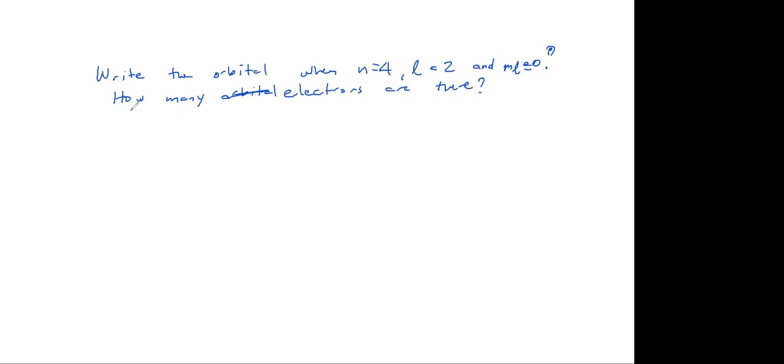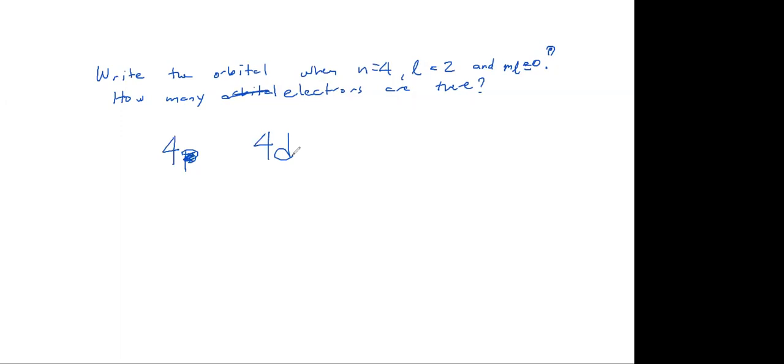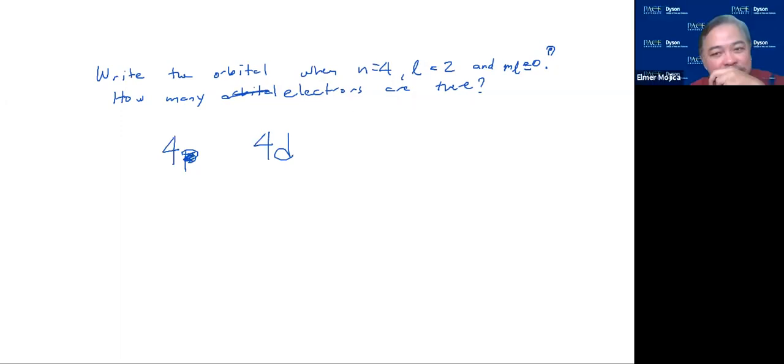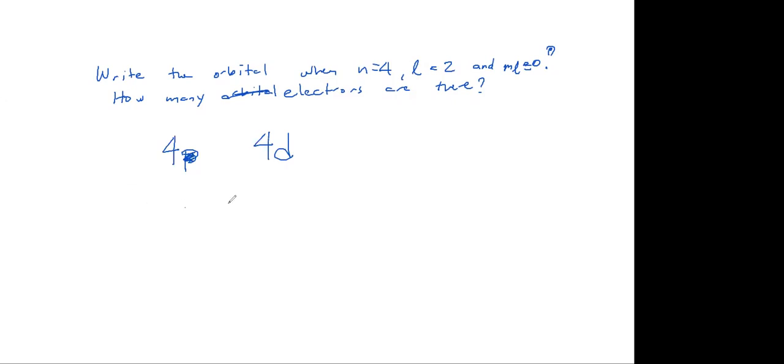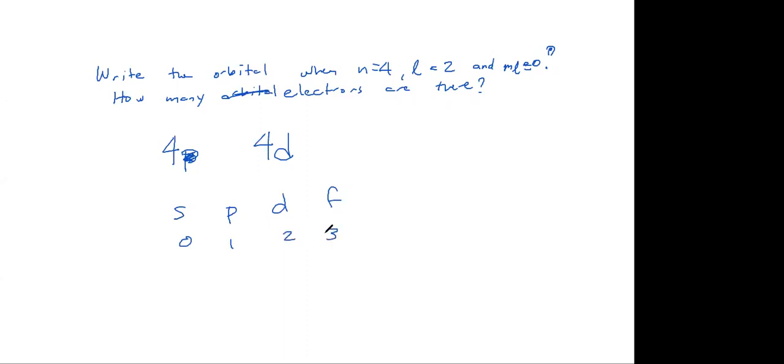With the number and letter. So 4 and p? I don't think it's a p. Please don't guess. You always have s, p, d, f, which are 0, 1, 2, 3. Right? 2 is d. So that's the answer there.